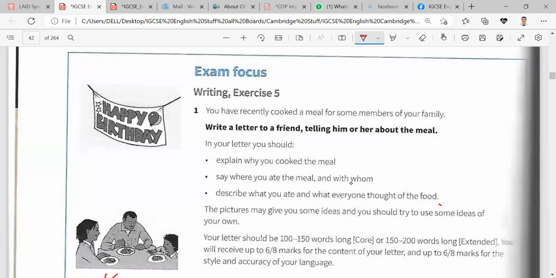What type of meal? Julie, can you hear me? Can be a snack or a cake you have prepared. Maybe cake. You can say birthday cake. That's it. Birthday cake. Okay.